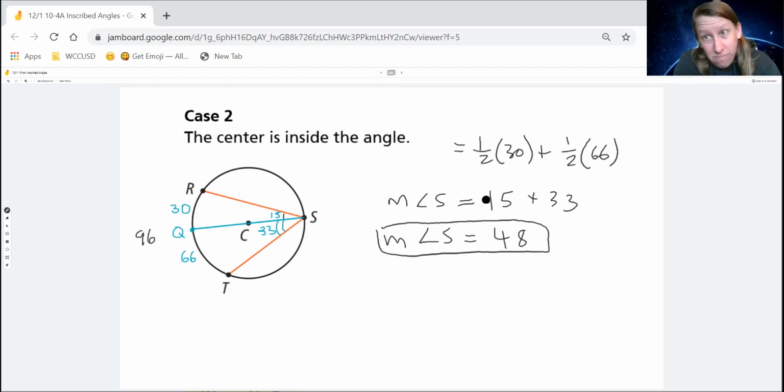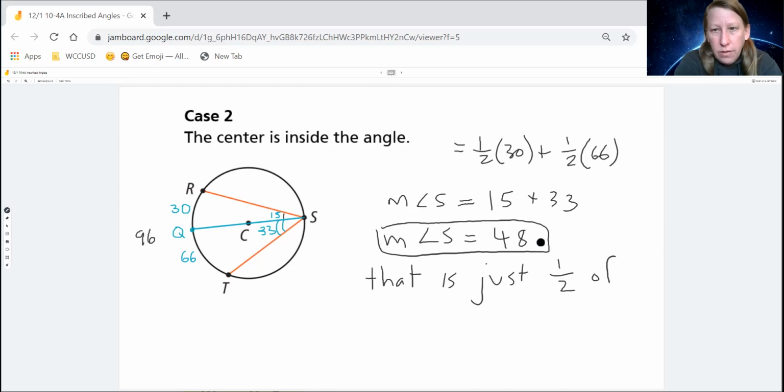So if I just knew the measure of arc RT was 96, could I get this number an easier way? Sure I can. That is just half of the measure of arc RT. Kind of cool. So if I just told you this is 96, could you find this out?